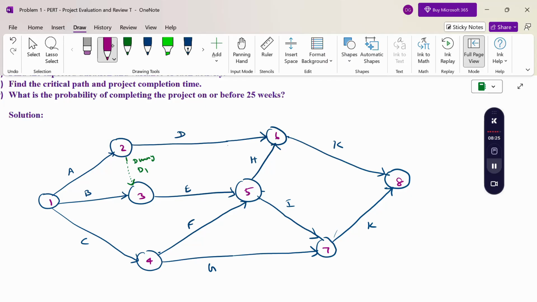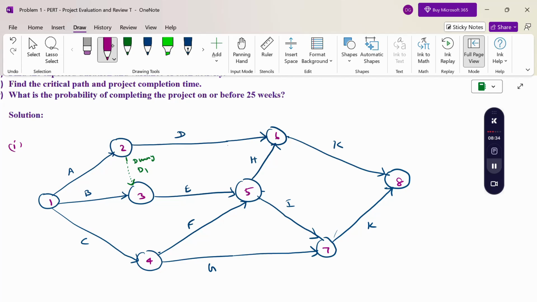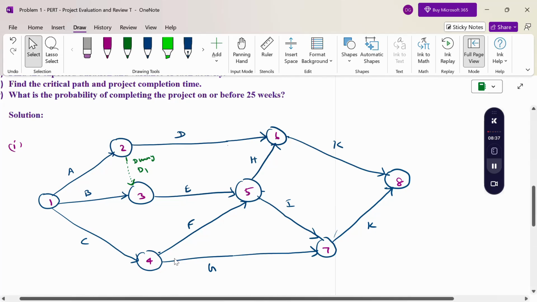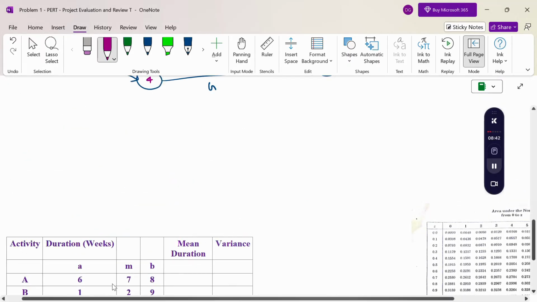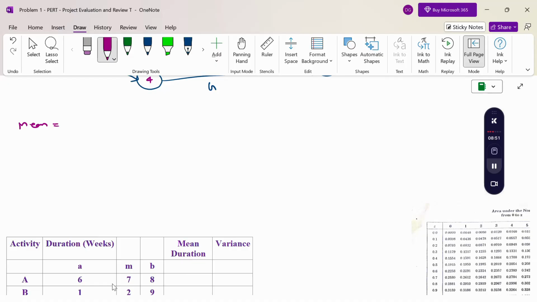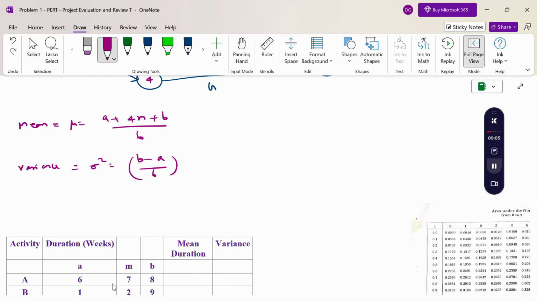So this is the first question: construct the project network and find the expected duration and variance of each activity. Now the calculation: the expected duration mu equals (a plus 4m plus b) by 6, and the variance sigma square equals ((b minus a) by 6) whole square.